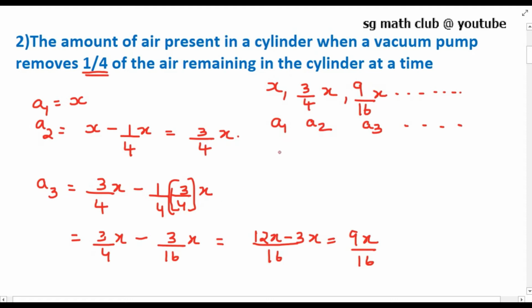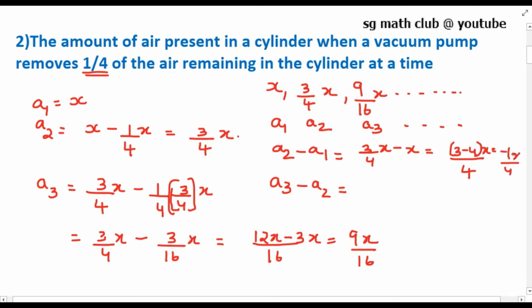Now we need to check A2 minus A1 and A3 minus A2. If you are getting the same answer, then this will form an AP. So 3 by 4 x minus x, we need to take the LCM. So 3 by 4 x minus x is (3 minus 4) x by 4, which is equal to minus 1 by 4 x.